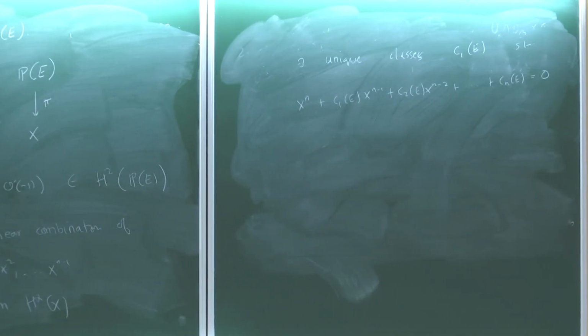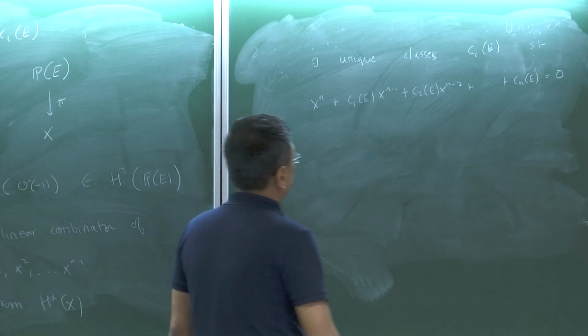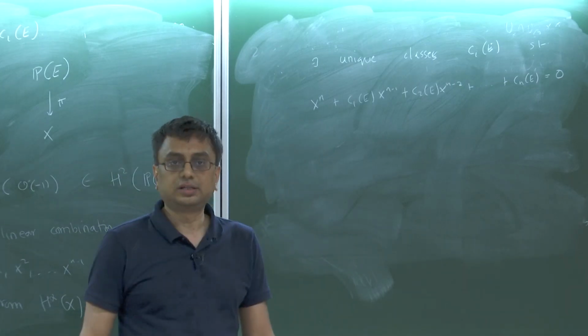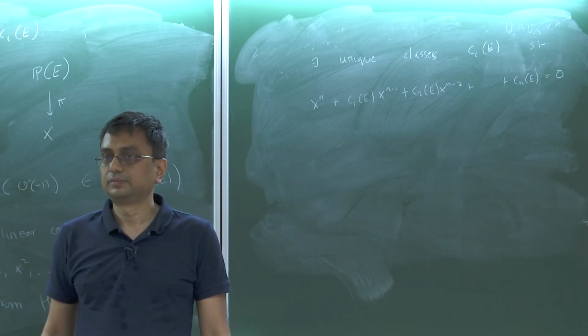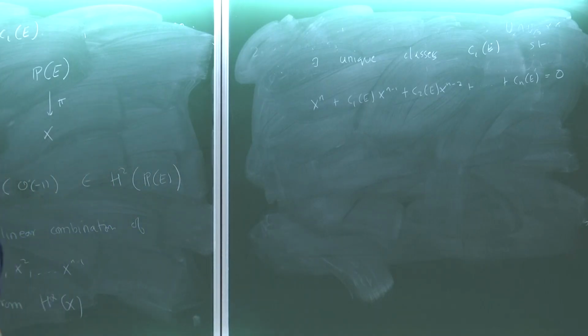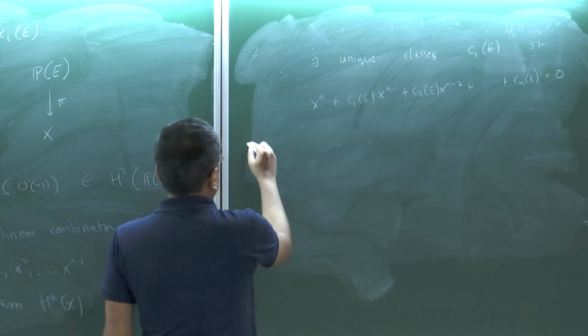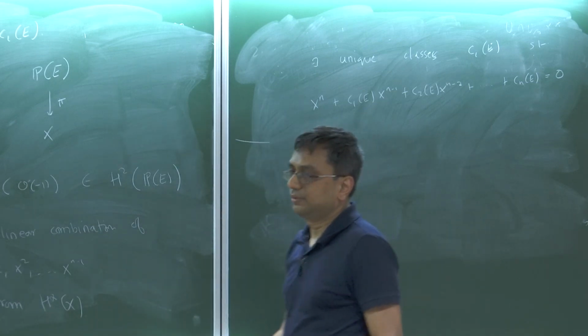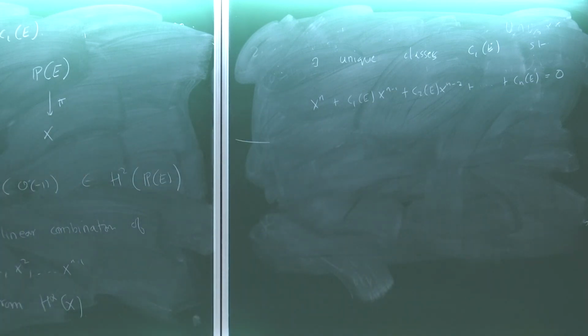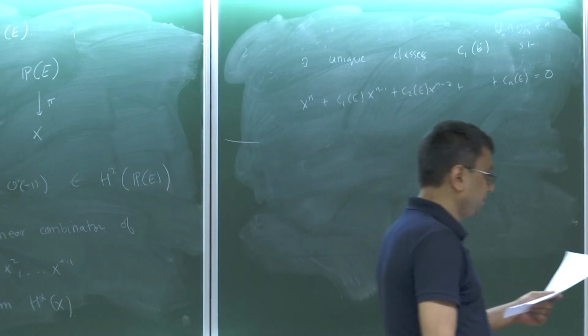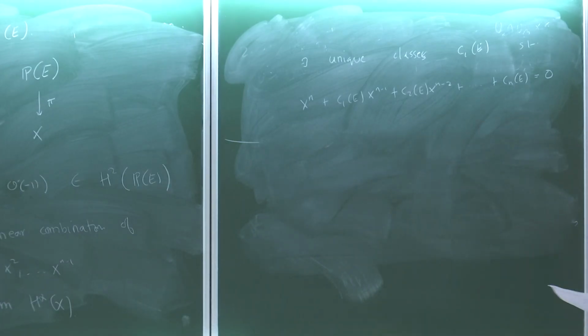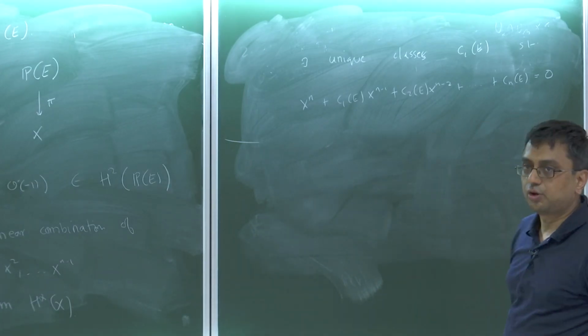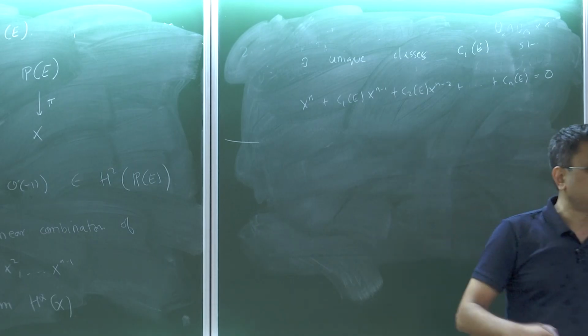Now we have to prove the properties of these Chern classes. Is the definition clear? Okay, so now let us start proving the properties. The fact that this depends only on the isomorphism class of E is straightforward. Some of these I am going to skip and leave as an exercise, because if E is isomorphic to E prime, then P of E will be isomorphic to P of E prime.